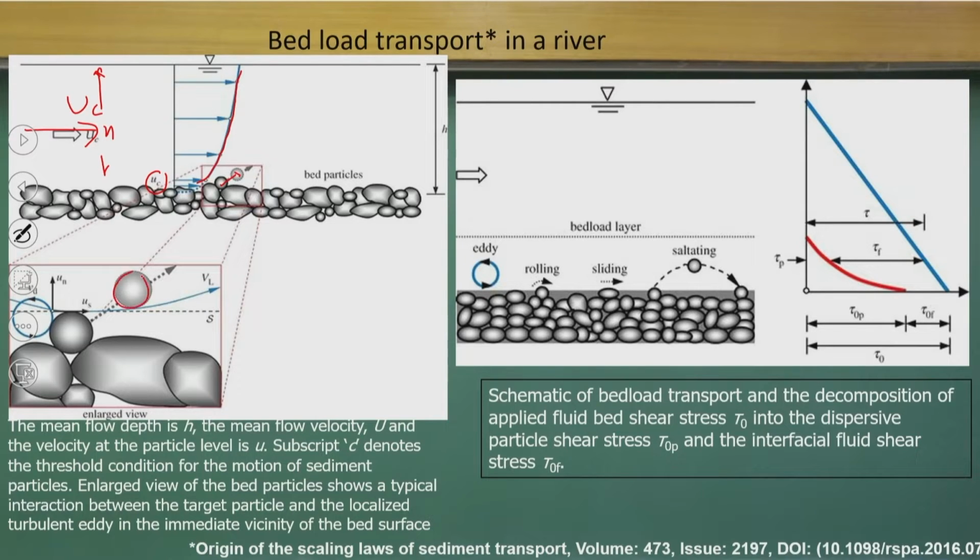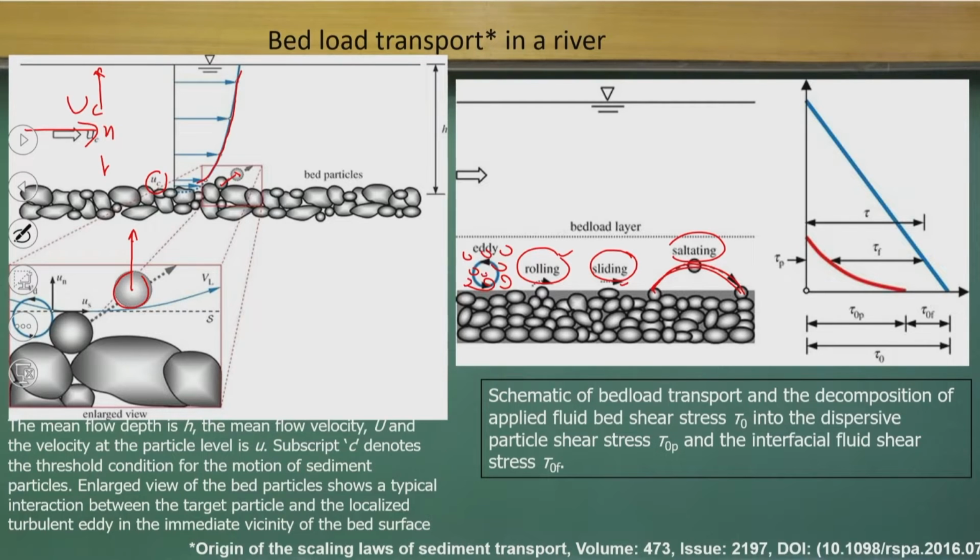Because of that velocity and the flow field, there will be a lift force and a drag force which detach the particle. Once detached, it can roll, slide, or move by jumping and hopping, which is saltation, and turbulence eddies form.